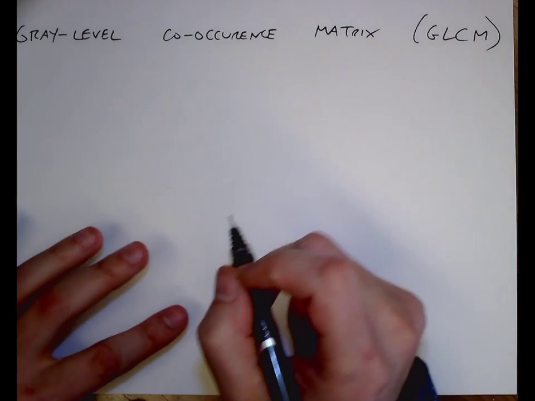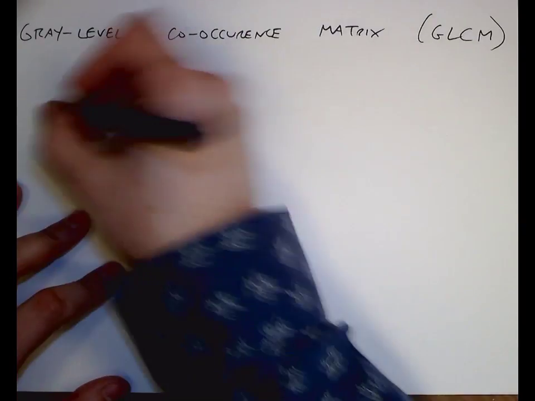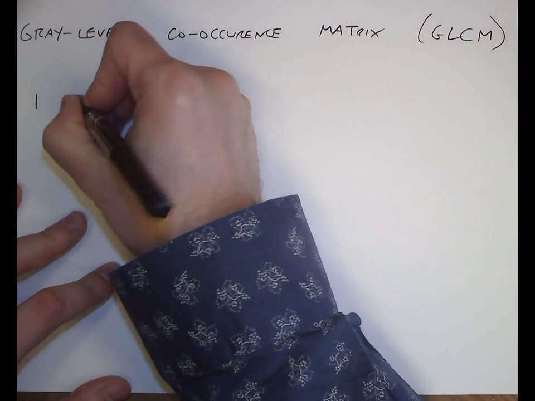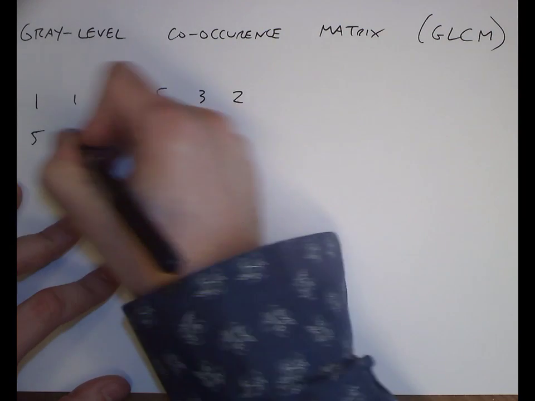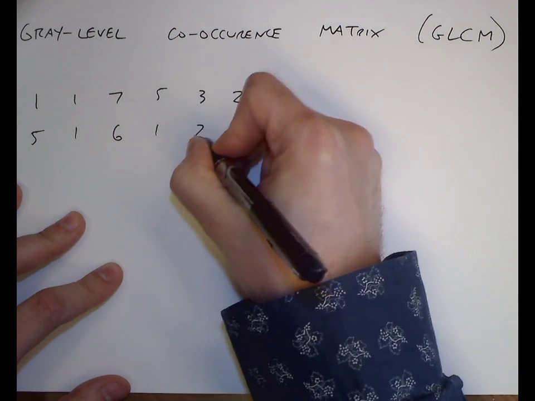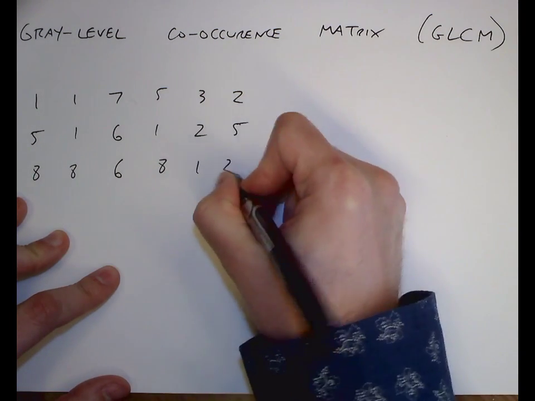The idea is basically that I have a chunk of image. Suppose I have a chunk of pixel values. Here I'm just using small numbers to make my life easier. This is just a piece of image, right? It extends this way, extends that way, right?